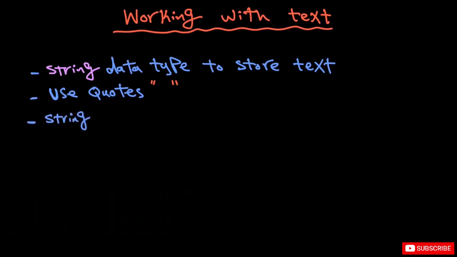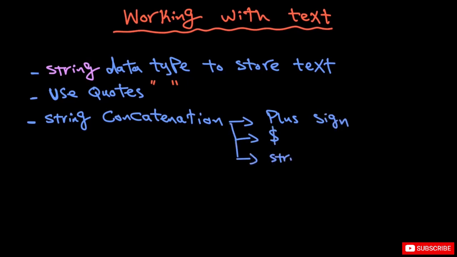If you want to concatenate or combine two strings or more, there are different ways to do that. First of all, you can concatenate two strings by using the plus sign operator. And also, you can use string interpolation by using the $ sign before double quotes, and inside these double quotes, you can insert a string or collection of characters, and also you can use curly braces or placeholders to insert different values inside that string data type.